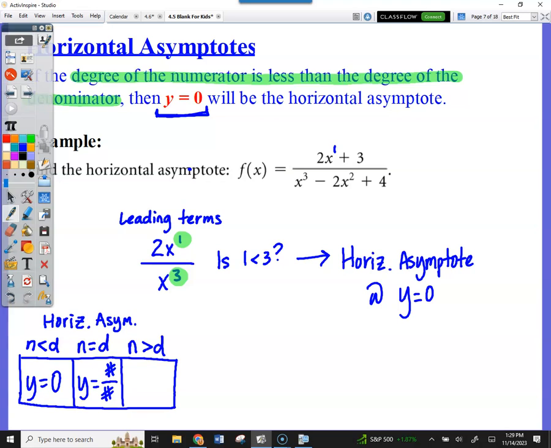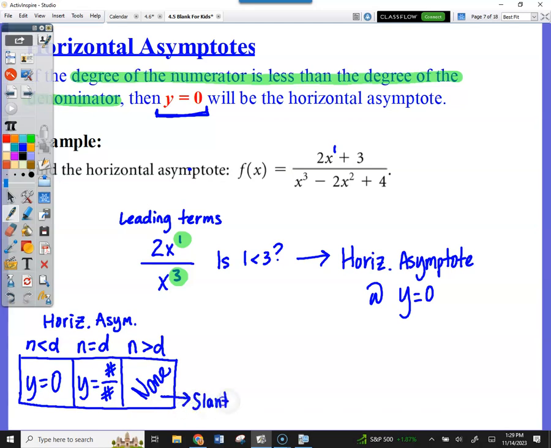If they're equal, then it's the coefficients, which we practiced a few so that you would know where to pull those answers from. If the numerator is greater than the denominator, there is no horizontal asymptote. Instead, I'm going to draw an arrow coming out of the box because we're no longer talking horizontal.